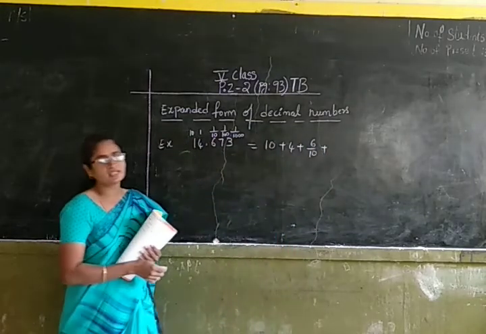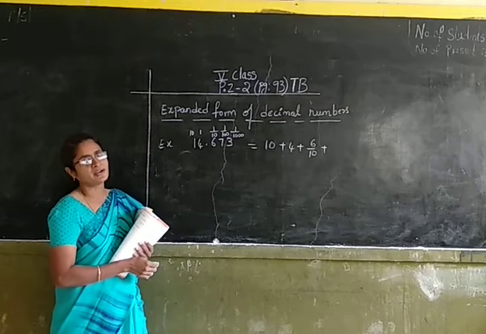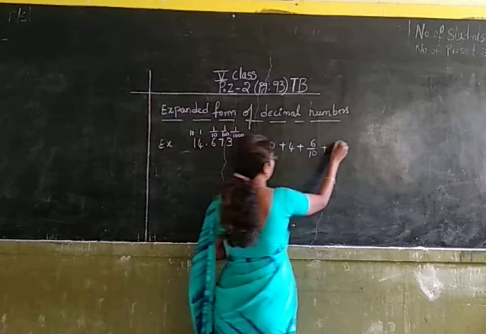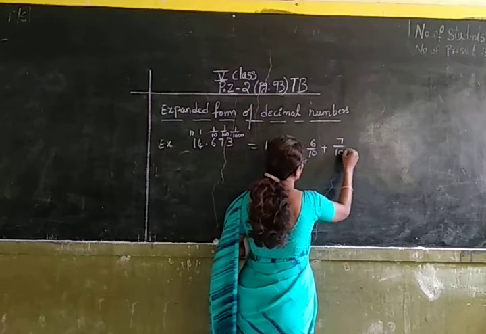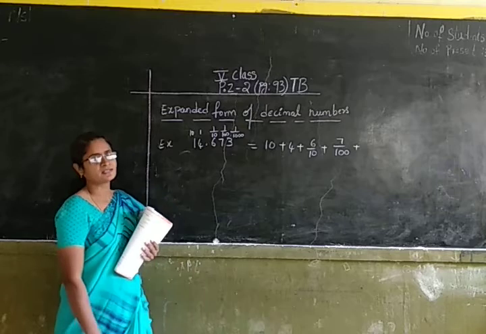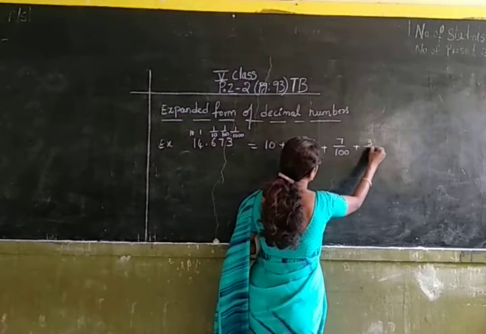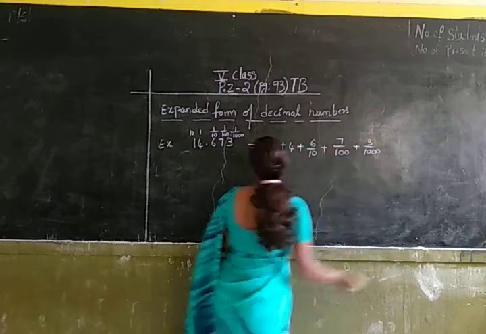Similarly, 7 is in hundredths place, so its place value is 7 into 1 by 100, which is 7 by 100. Similarly, 3 is in thousandths place, so its place value is 3 into 1 by 1000, which is 3 by 1000. Did you understand children?